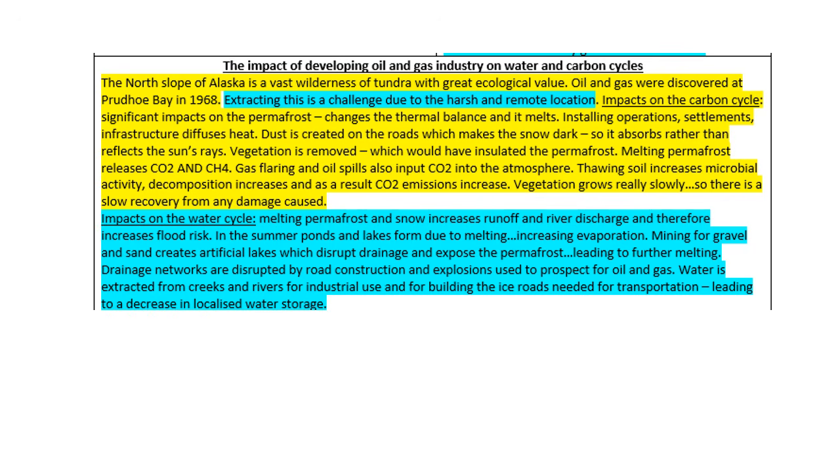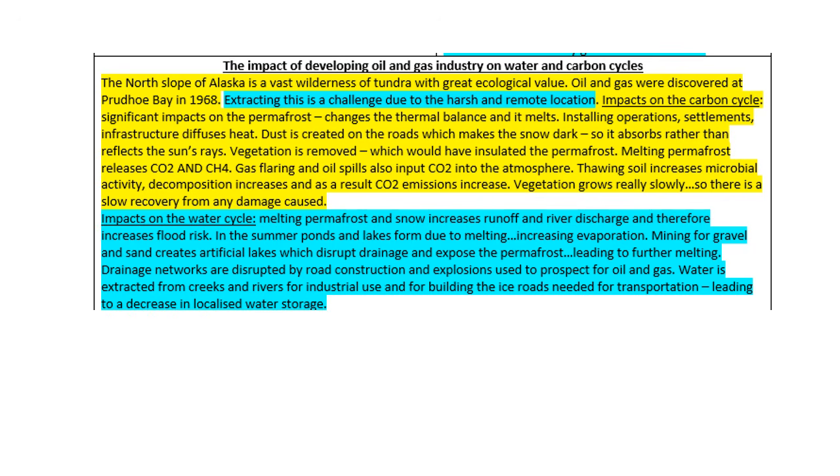We put settlements in, infrastructure in, which diffuses heat, which causes the permafrost to thaw out. We create dust, which makes the snow dark, so it absorbs the heat rather than reflects the sun's rays. We chop down vegetation, which would have insulated the permafrost. And then all of that extra melting permafrost releases carbon and methane.